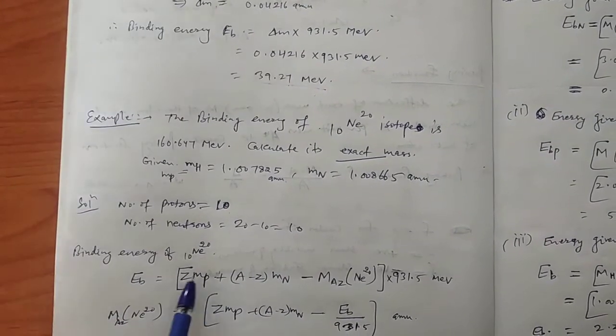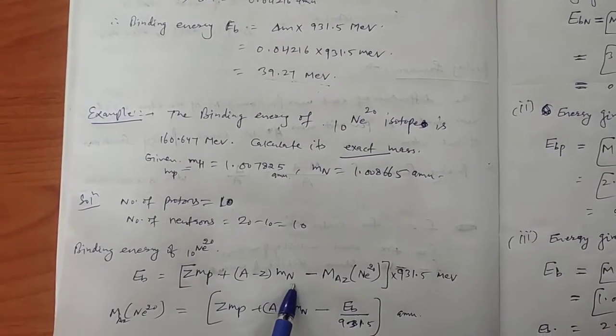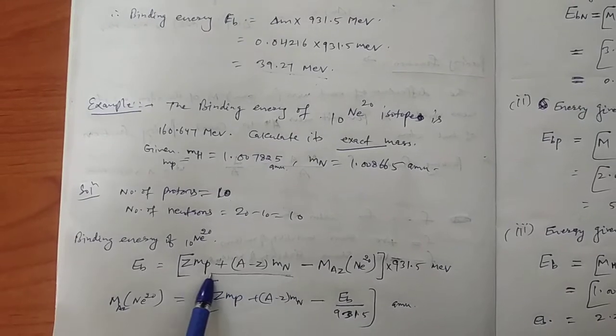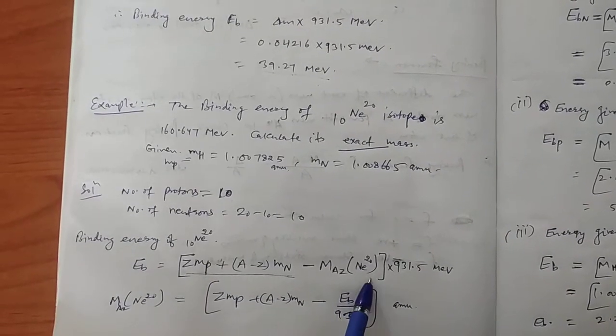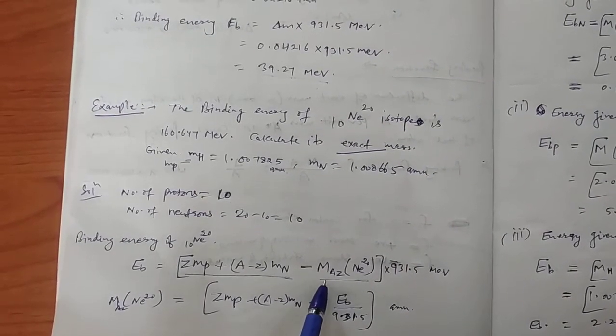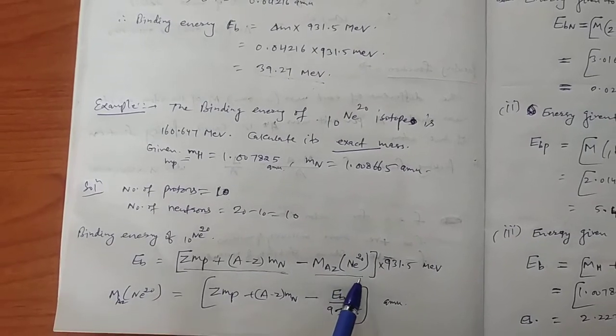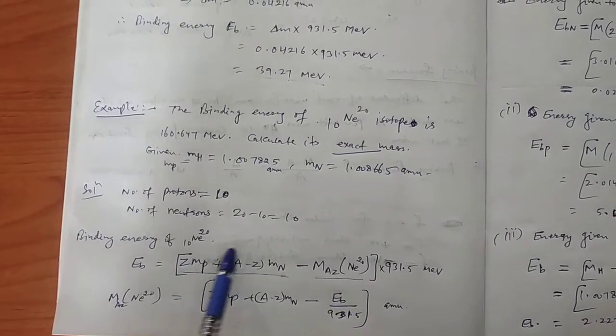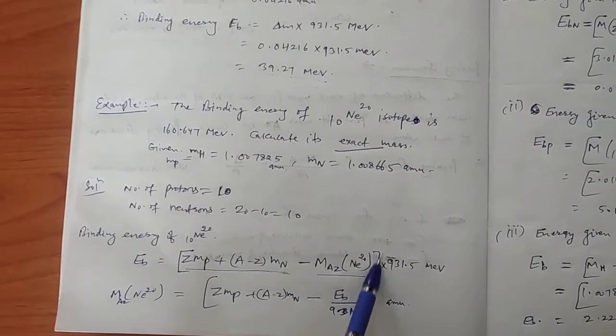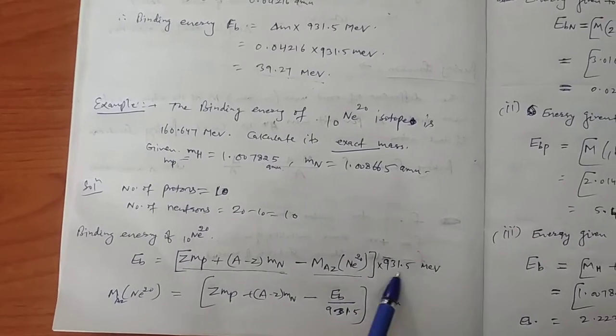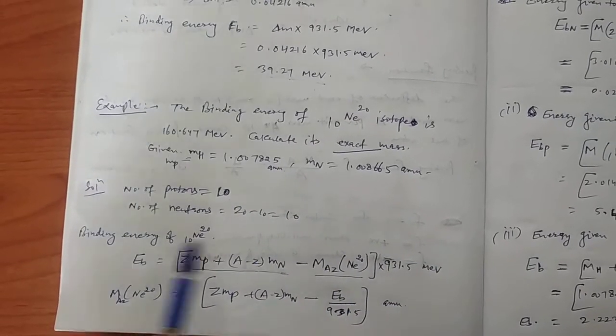Now the binding energy formula is this one. This is the mass of nucleons and this is the exact mass of the nucleus. The difference is called mass defect, and if we multiply this by 931.5 MeV, we get binding energy.